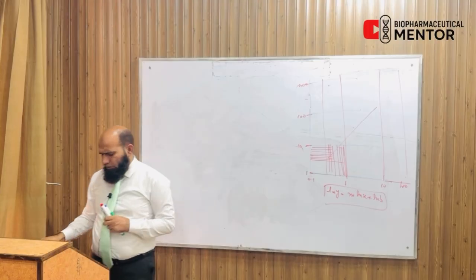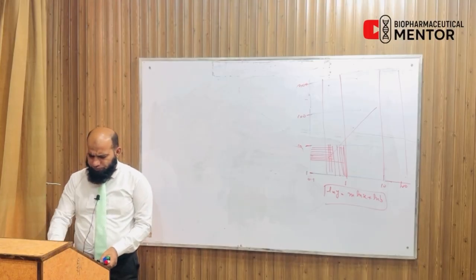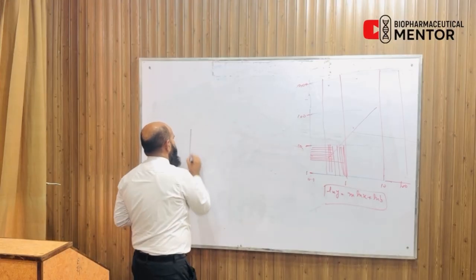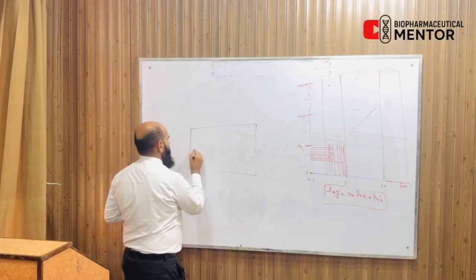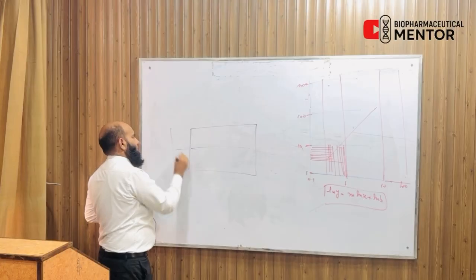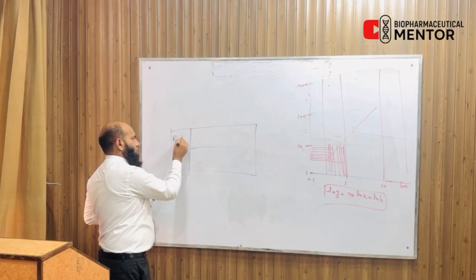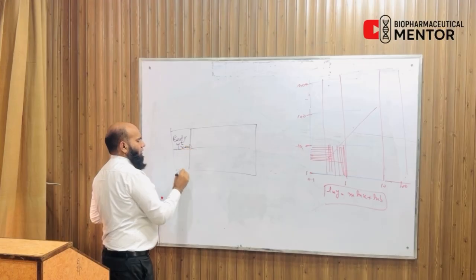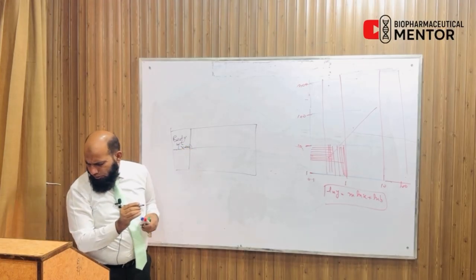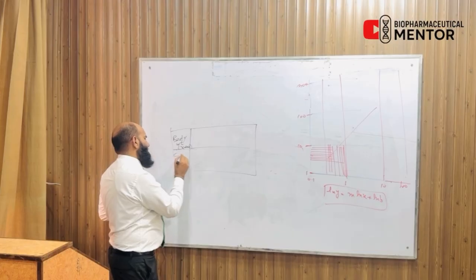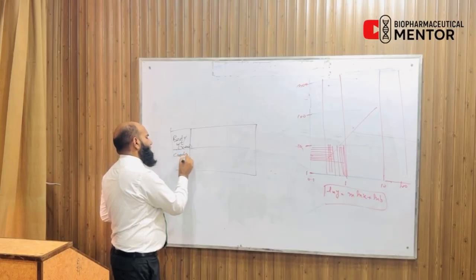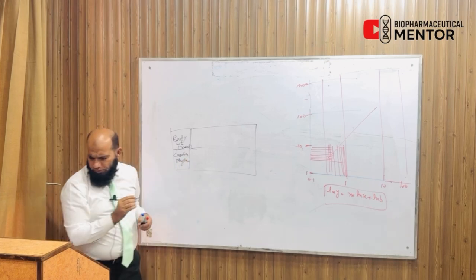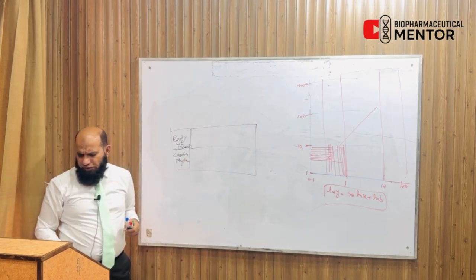So the data, in case of the log-log graph, is body weight on the x-axis and cardiac rhythm on the y-axis.